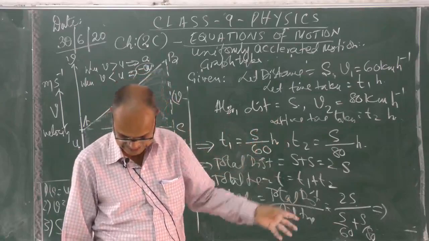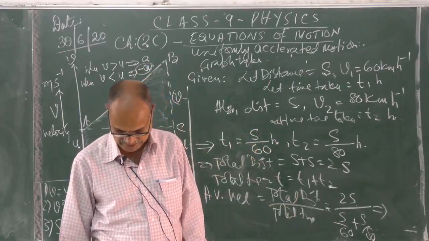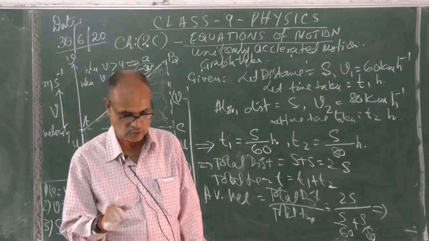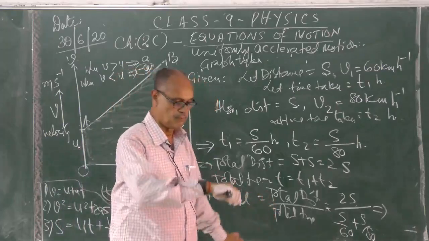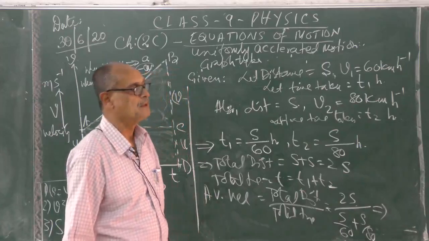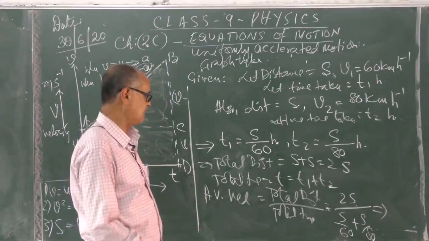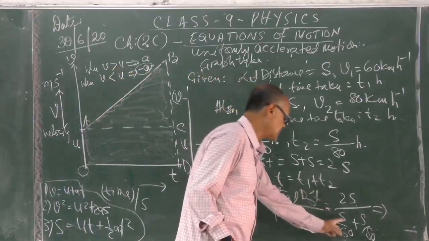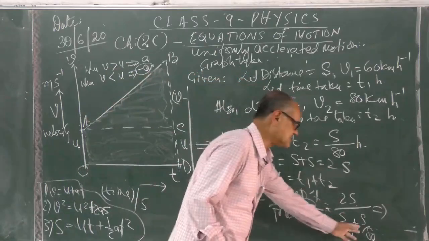I think you must complete it by doing so. I just leave it here because of constant time. The time is just getting over. You just finish this by saying total distance by total time, by taking LCM.